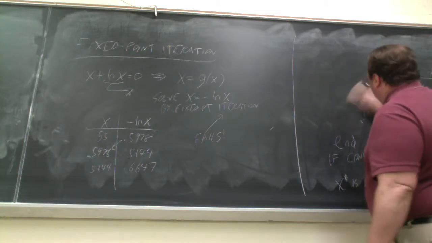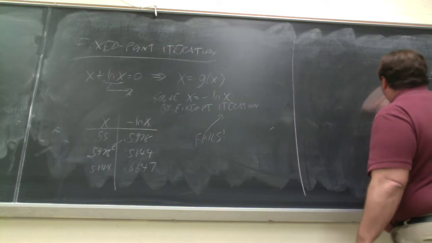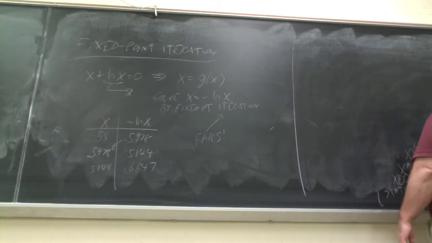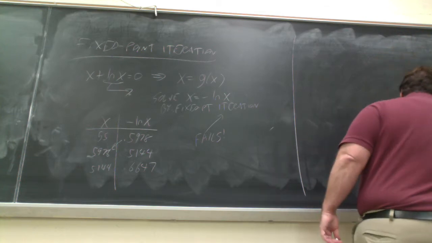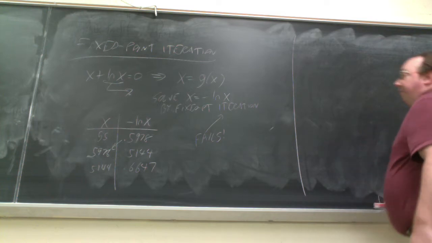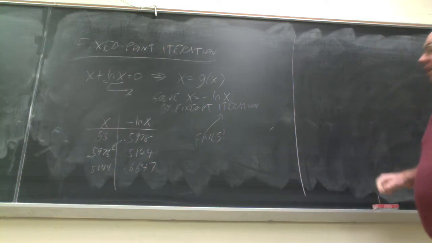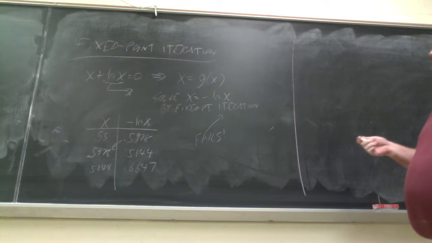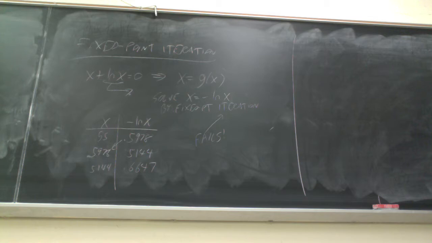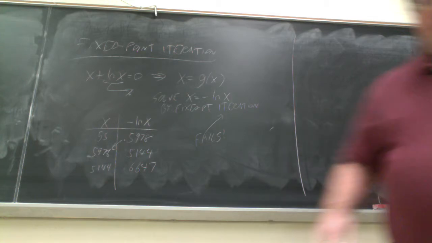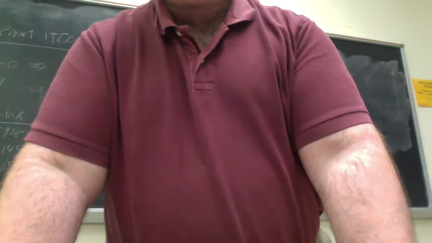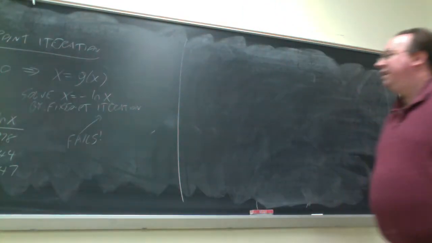When you have a bad g like this one, in some cases there's actually a simple way of fixing it. Because minus natural log of x is a decreasing function. Its derivative is minus 1 over x.